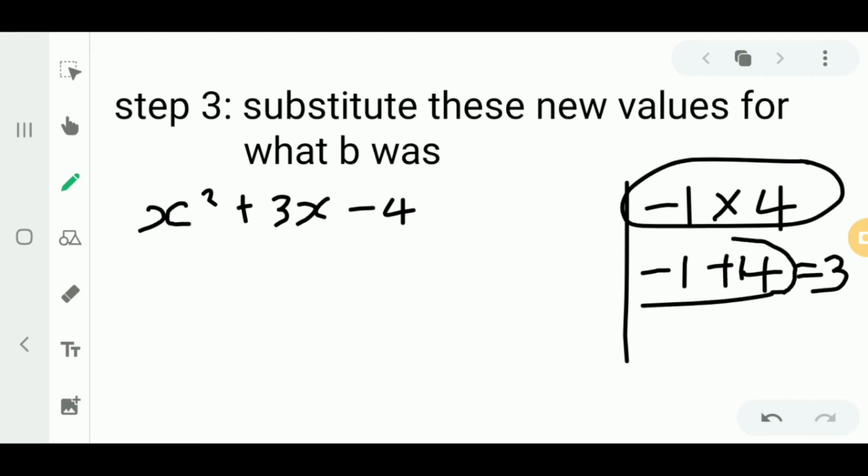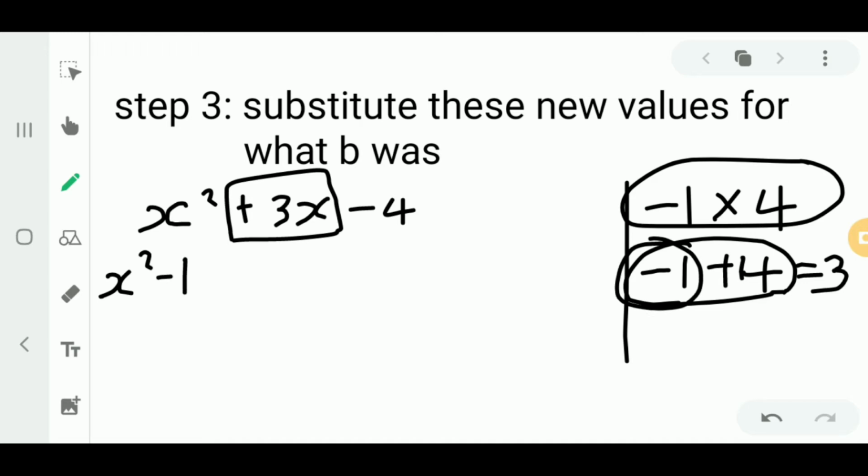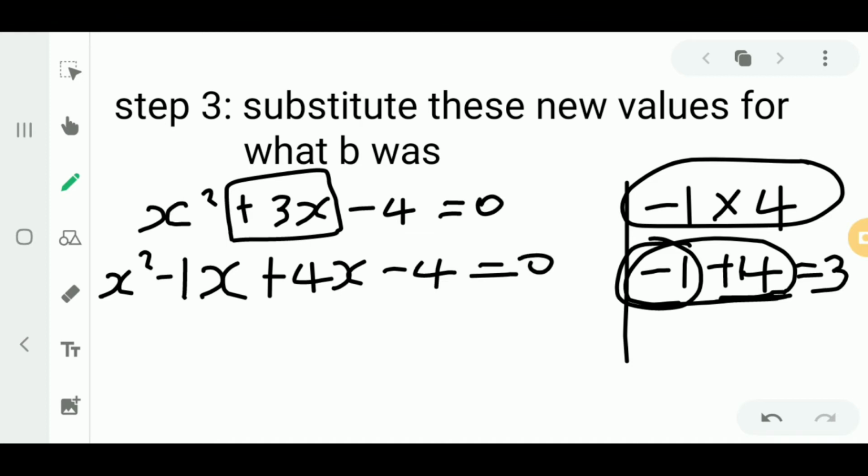What it means by substituting is you're removing the 3x, and what you're going to have now is x squared minus 1x plus 4x minus 4. Remember, you have equals 0. If you add these together, you get back the plus 3 that you started with.